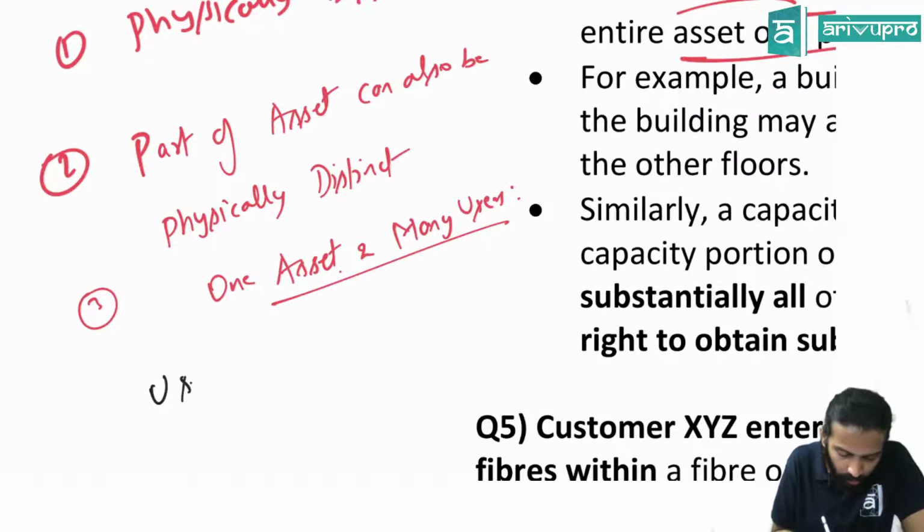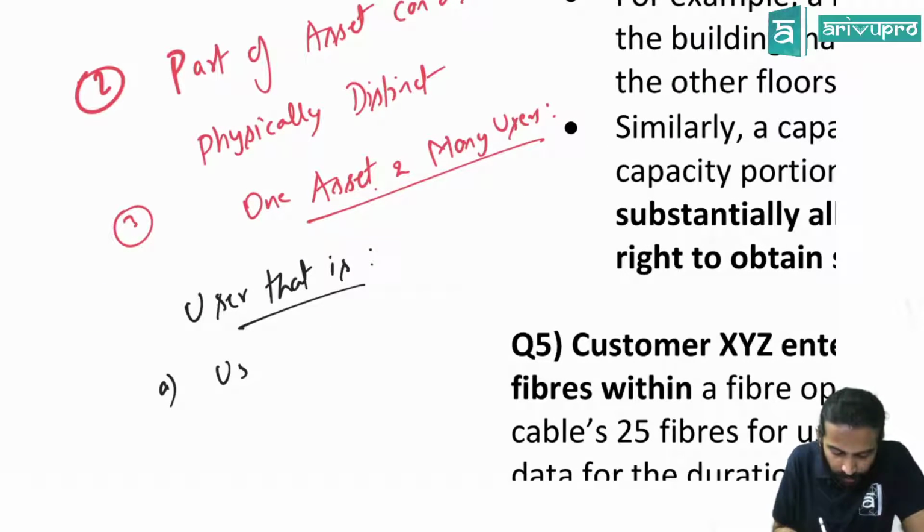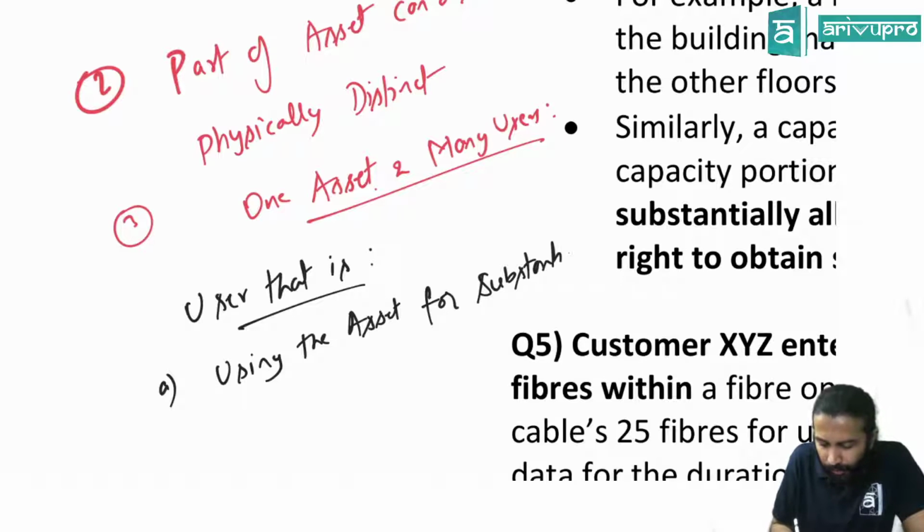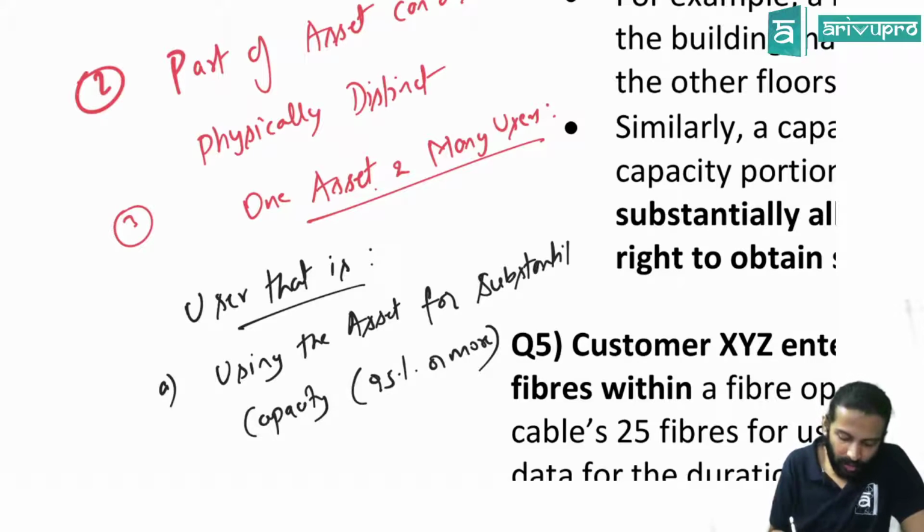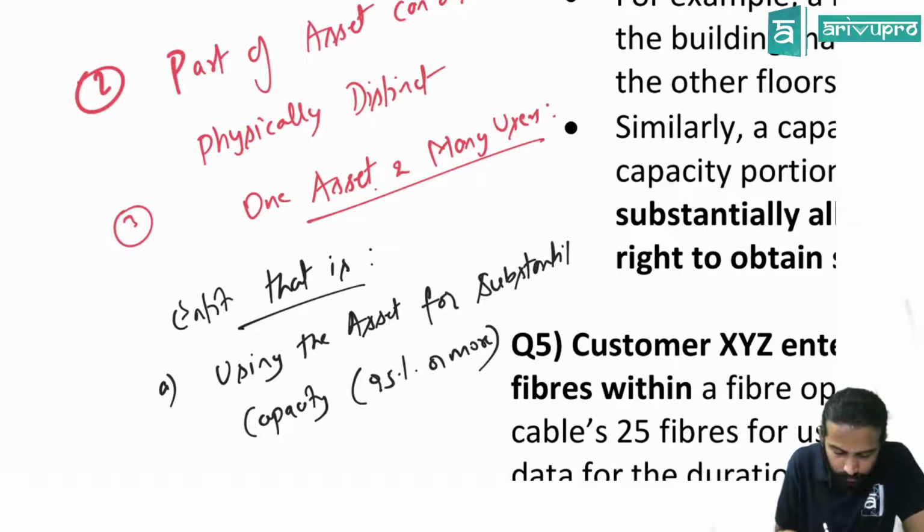So you can just write here: the user that is using the asset for substantial capacity. Substantial means, as I told you, 95% or more. The user, the one guy or the entity, you can write entity.